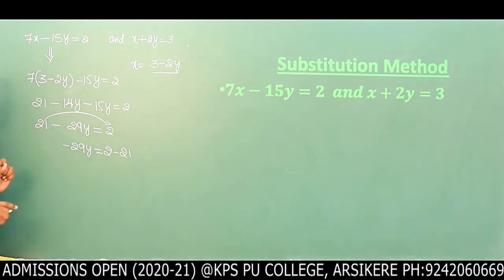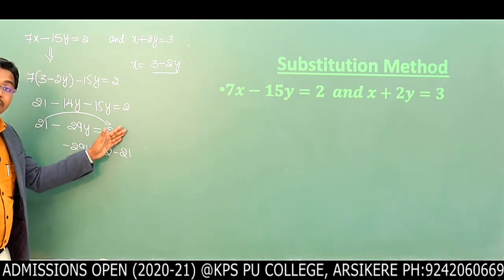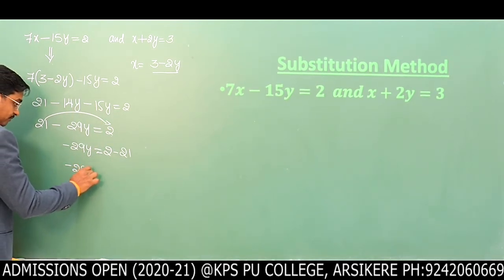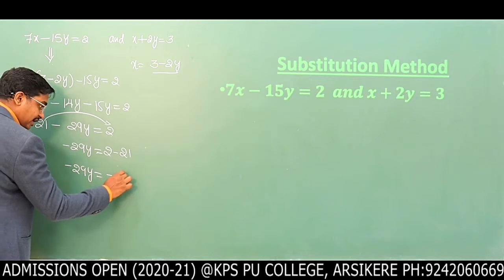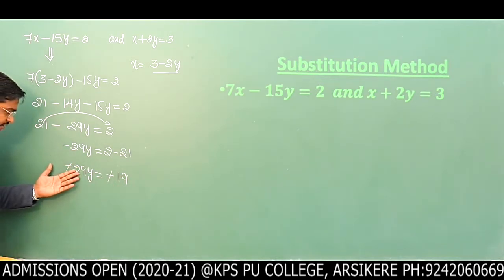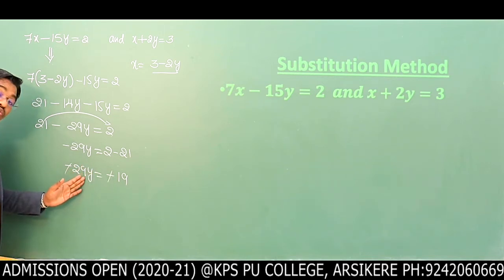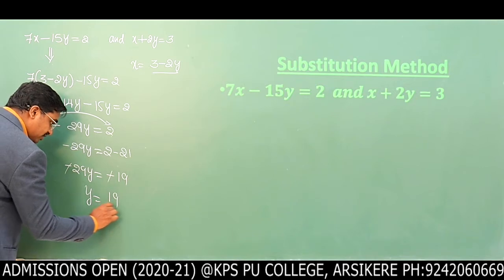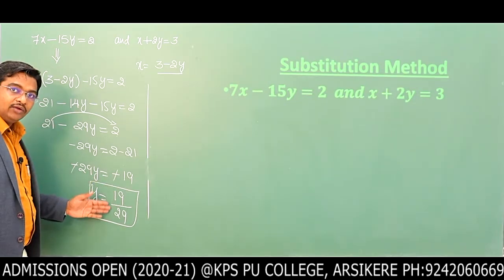Because we have the plus sign, when it comes to the right hand side that becomes negative. Therefore minus 29y is equal to minus 19. Obviously minus minus get cancelled, so y is equal to 19 divided by 29.